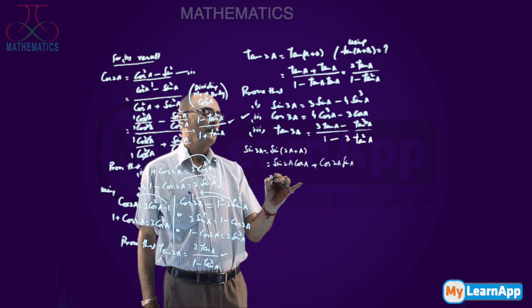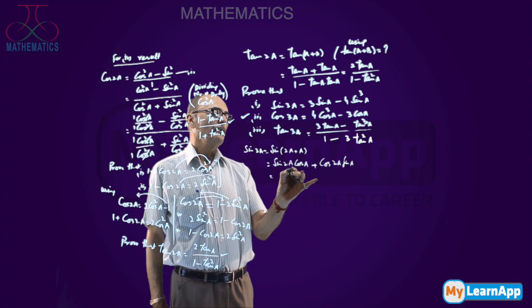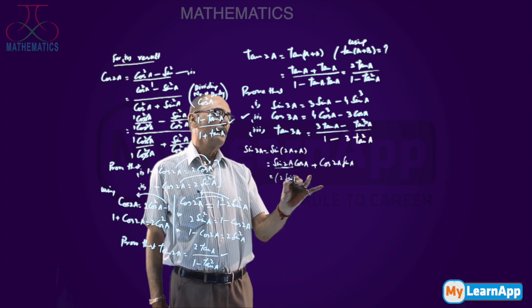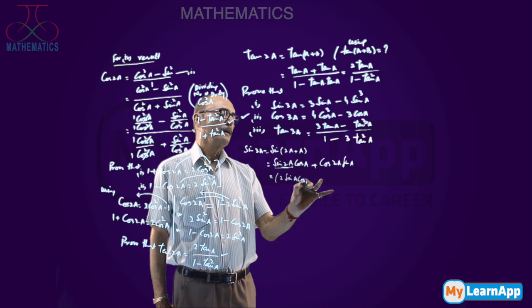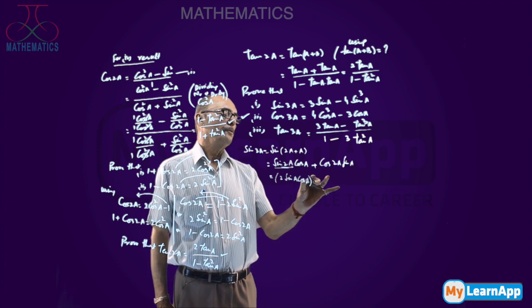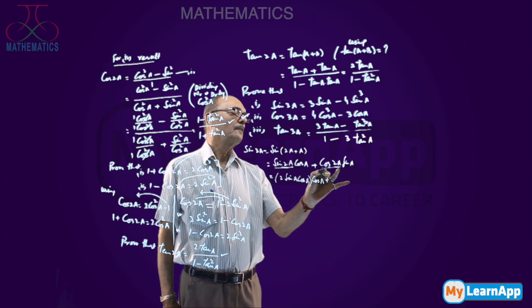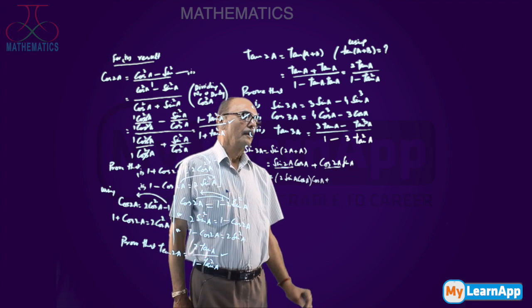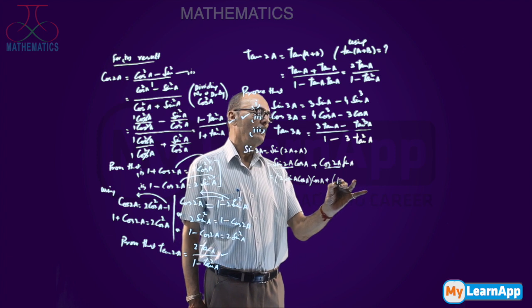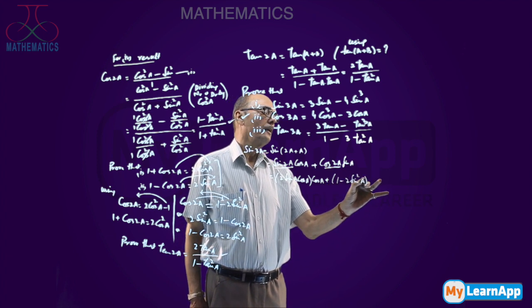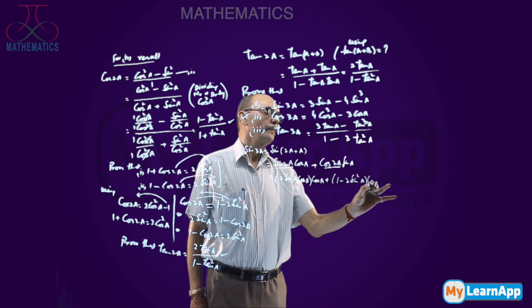We know sine 2a is 2 sine a cos a, and the formula of cos 2a is 1 minus 2 sine square a, into sine a.